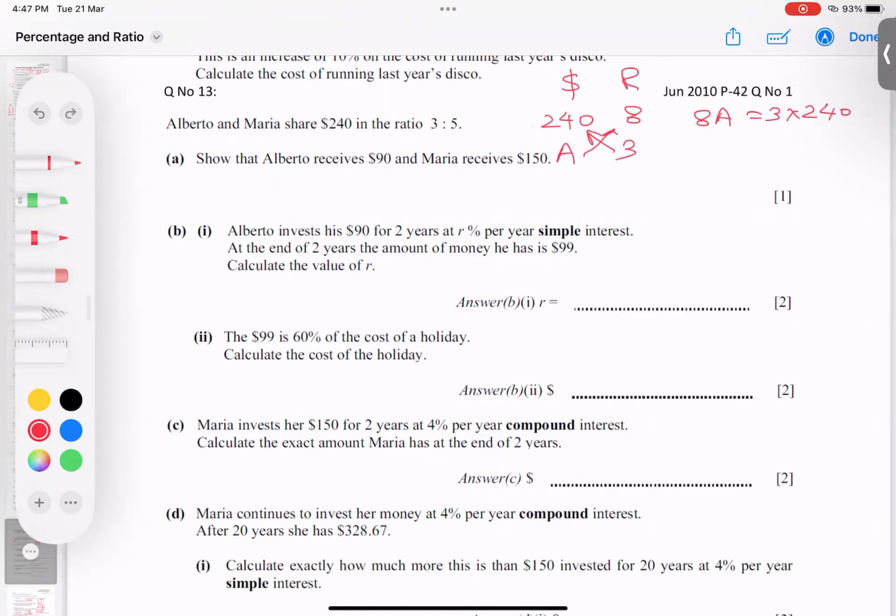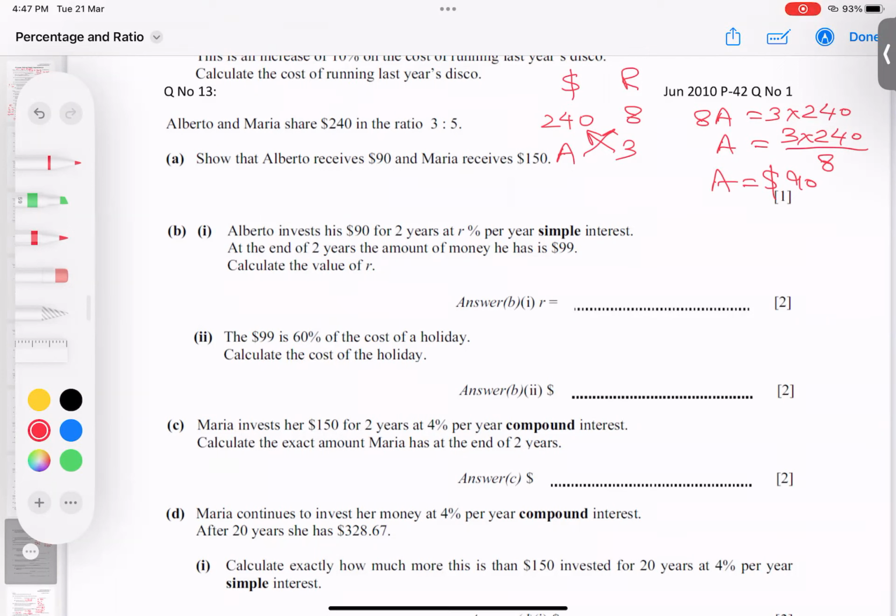When 8 will divide, my students, I will get what? I will get from here simply 3 times 240 divided by 8. And Alhamdulillah Rabbil Alameen, $90 proved, which I was looking for. So I hope this idea is very clear.